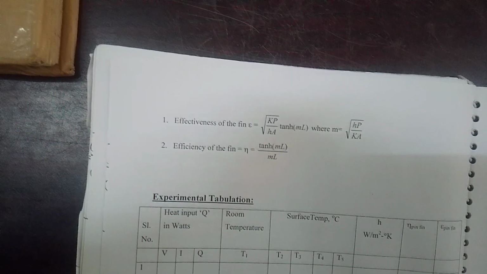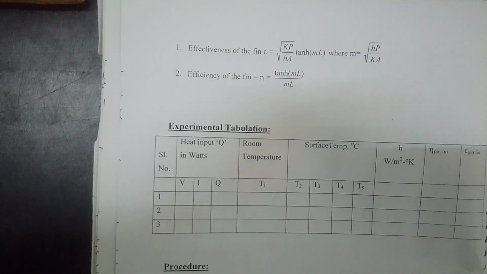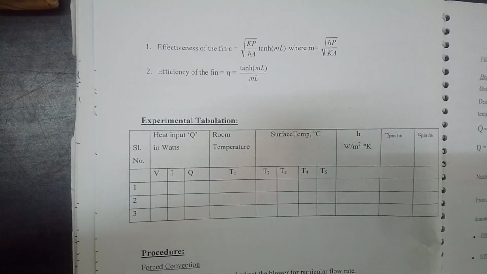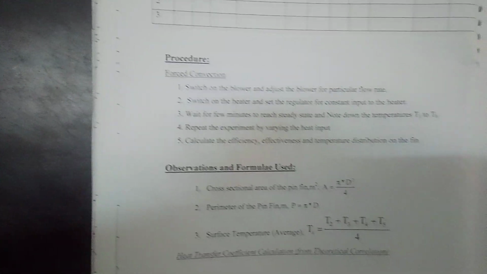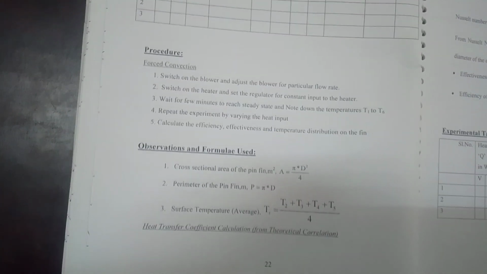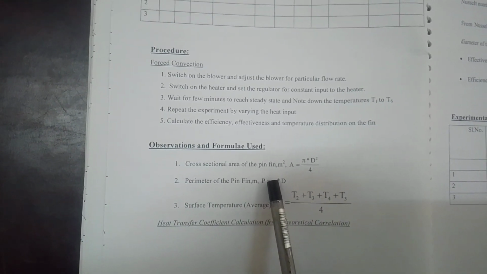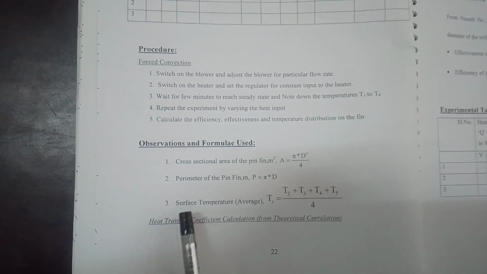So what we have discussed till now is related to free convection. Now we will go for forced convection. In forced convection the procedure is the same, but here you are going to switch on the blower. Here also we find the cross-section area of the pin fin, the perimeter of the pin fin, and then the surface temperature.